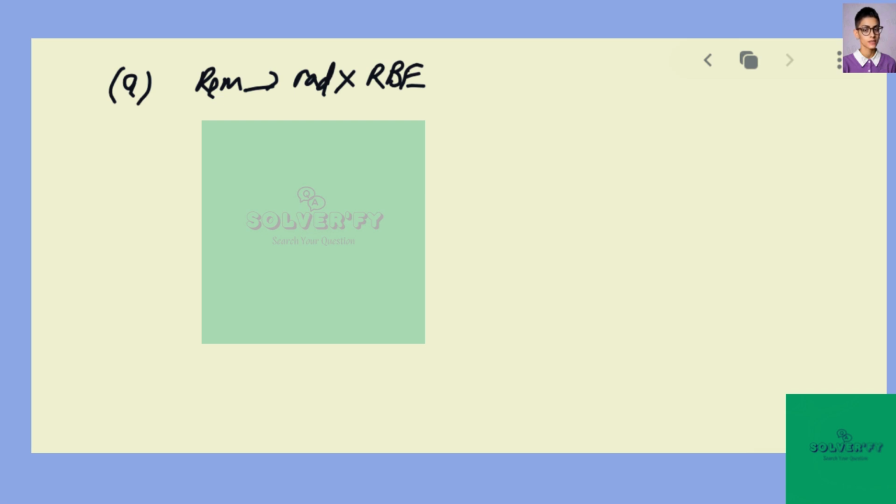For our potassium, the radiation type is gamma and beta, and so the RBE is 1. So REM is equivalent to rad. It's the same. There's no conversion factor that's needed.